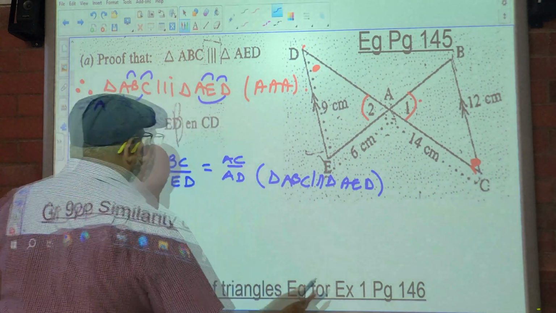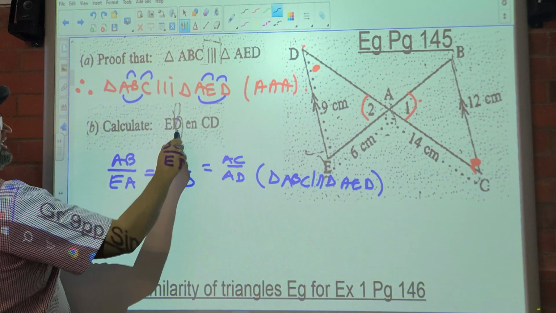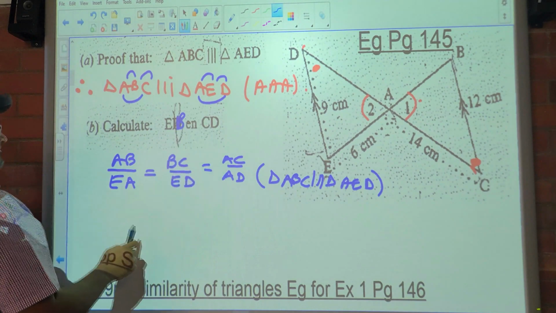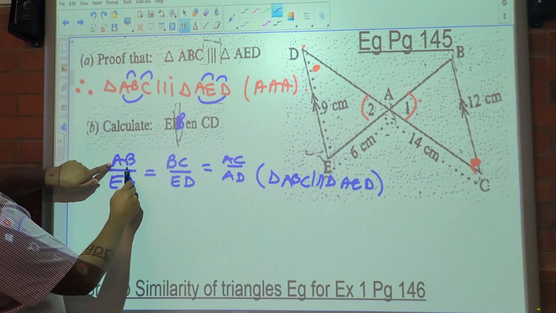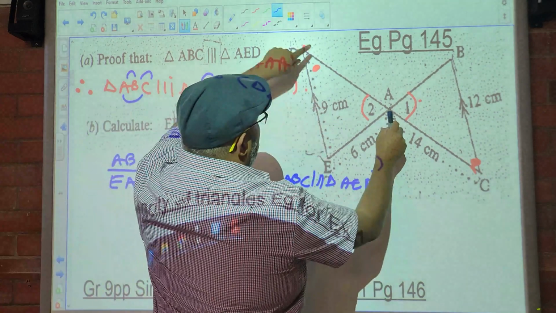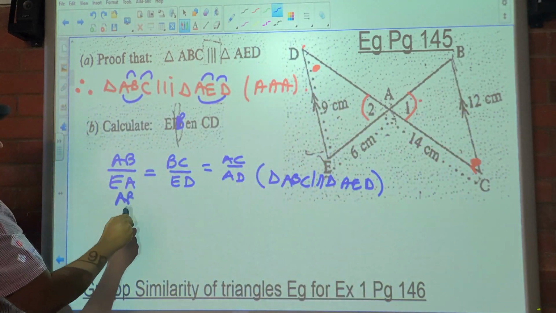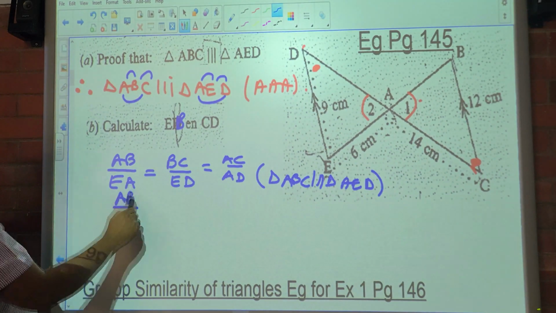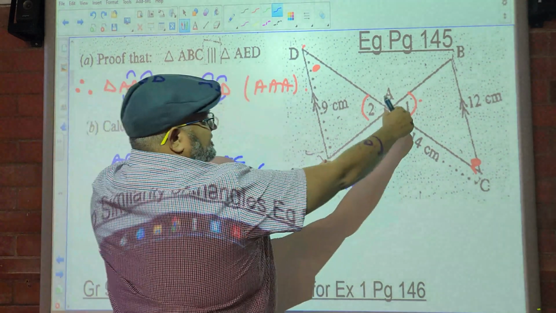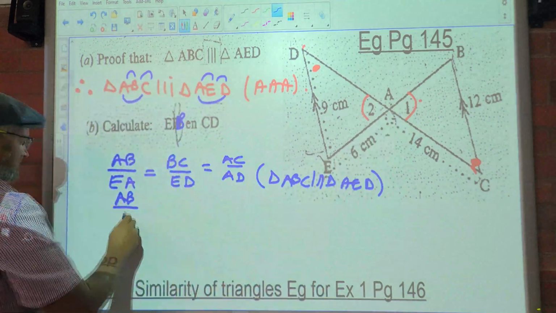Now the question is to calculate EB and CD. So what's the length of AB? AB is unknown, so AB remains AB. AE, what's the length of AE? 6.